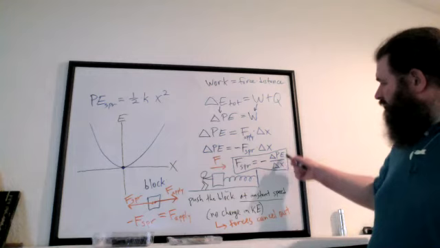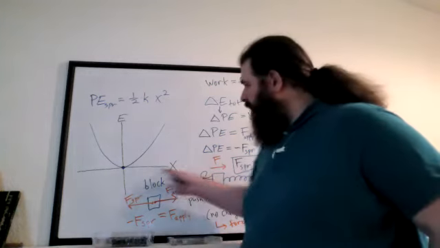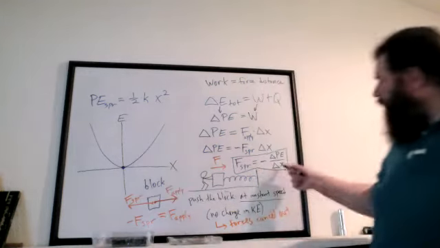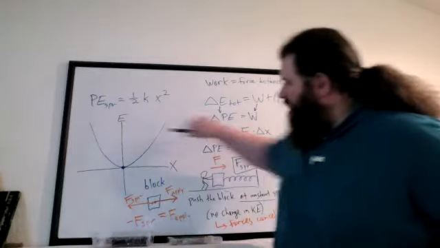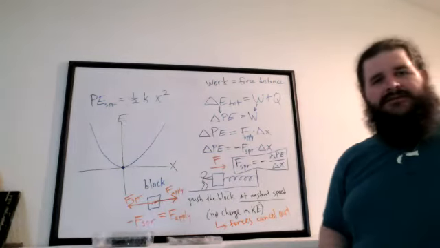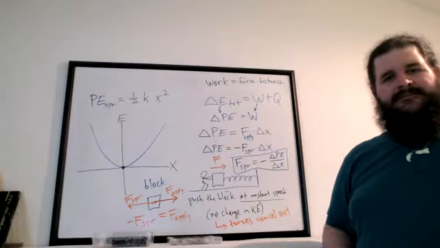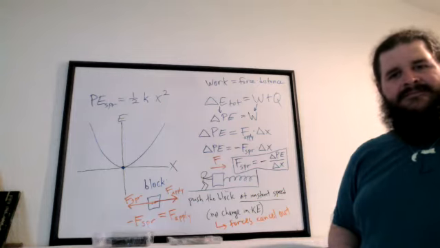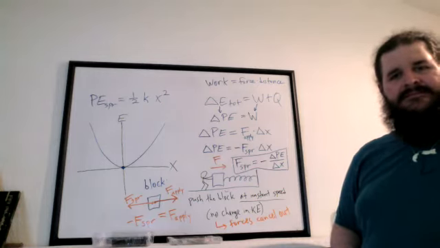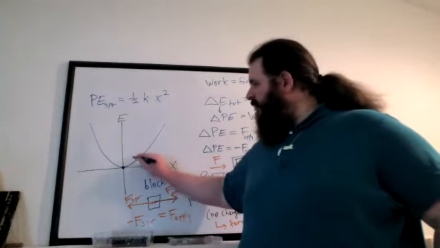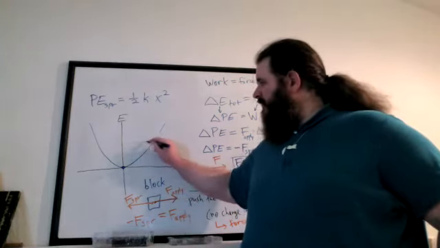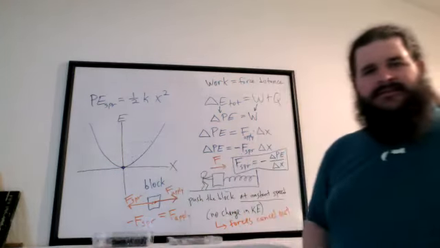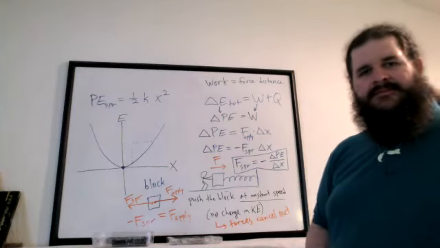And since potential energy and distance are the variables on this graph, what would change in energy over change in distance tell you about the graph itself? What would we call a change in energy divided by a change in position? The slope, right?